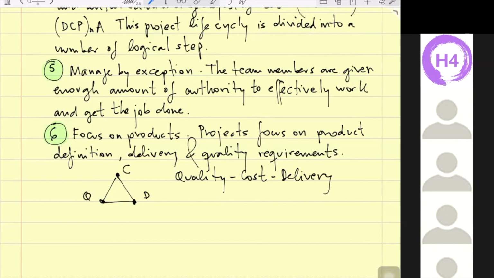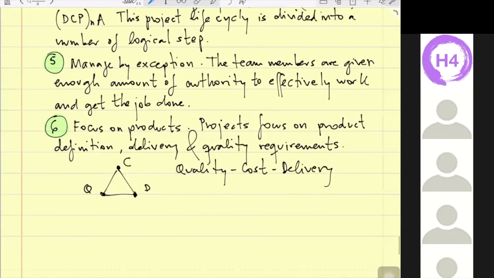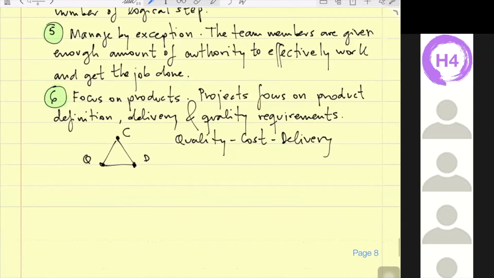Projects focus on product definition, delivery, and quality requirements. And number 7, and last, is tailor to suit the environment.